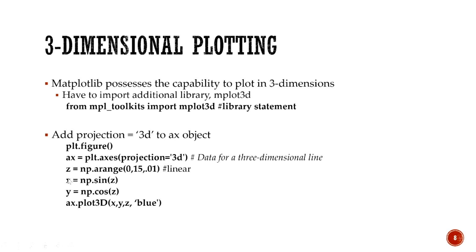Then we generate 3 variables, z, x, y, using the arange function for z. x is the sine of all elements generated in z, and y is the cosine of all the elements generated in z. And then the function is ax.plot3D. Then we pass x, y, z, and you can change the color.